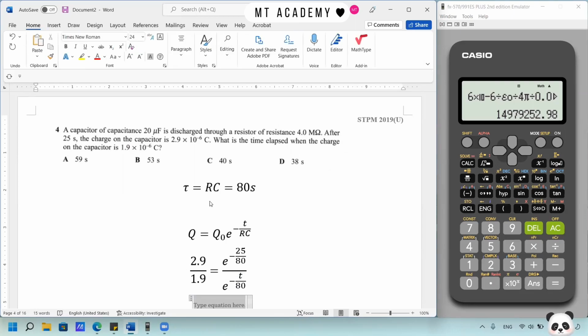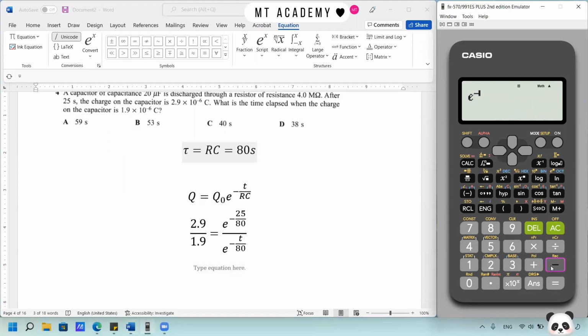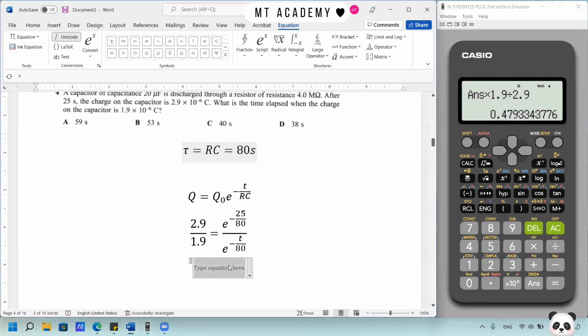So now what we're going to do is to solve the equation. We have e to the power of negative 25 over 80, which is equal to 0.73. So we're going to multiply by 1.9 divided by 2.9. We have e to the power of negative t over 80 equal to 0.479.